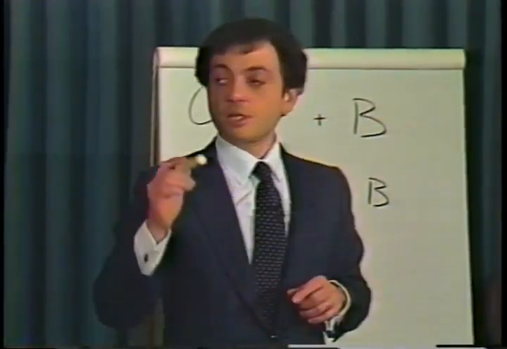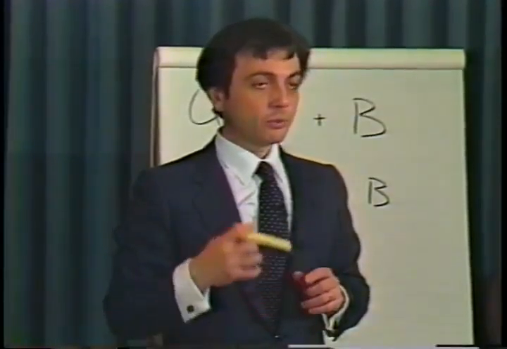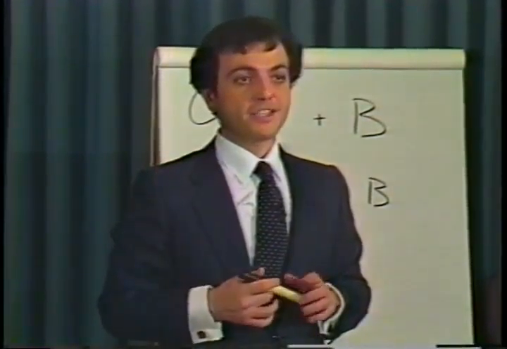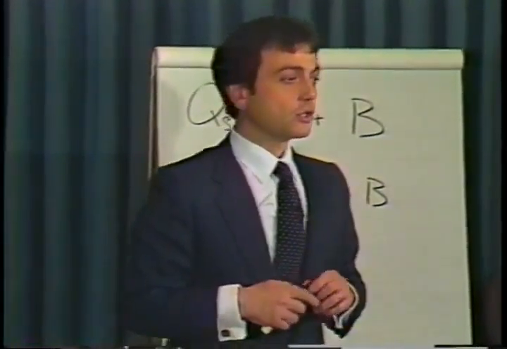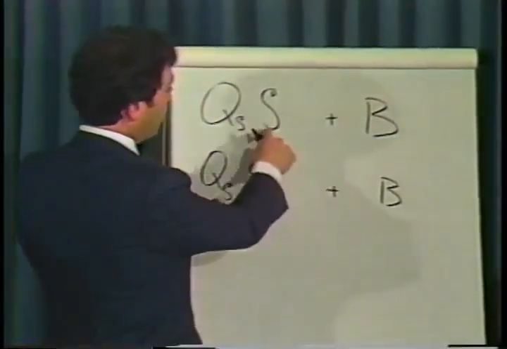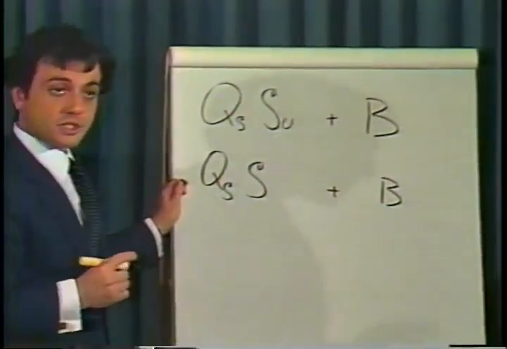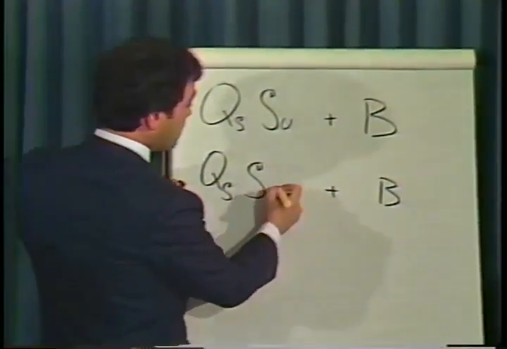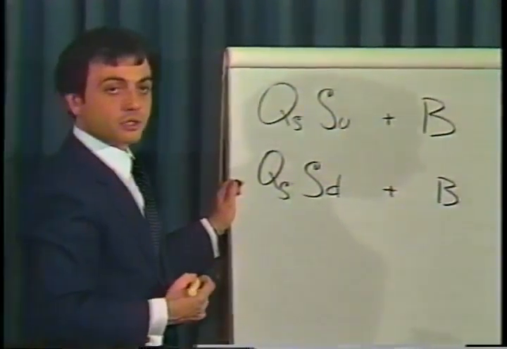And the stock price can go either up or down. But if it goes up or down, it will go up or down by a discrete amount. It will be in either of two states. So the stock will be either what it currently is, S times U, the up factor, or S times D.